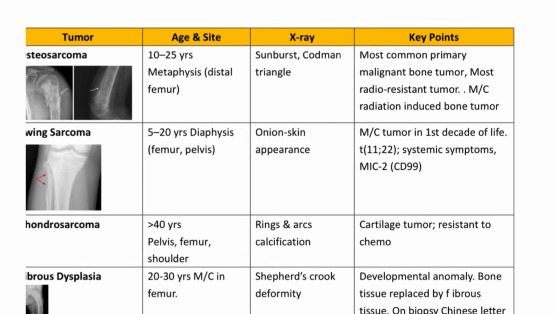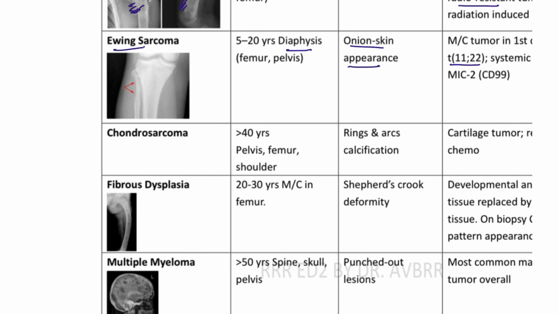Next, osteosarcoma involves the metaphysis, with sunburst or Codman's appearance. Here you can see the sunburst and Codman's triangle; it is the most common primary malignant bone tumor and also the most radio-resistant tumor. Ewing sarcoma: onion skin appearance on X-ray, involvement of the diaphysis, associated with the translocation of 11 and 22.